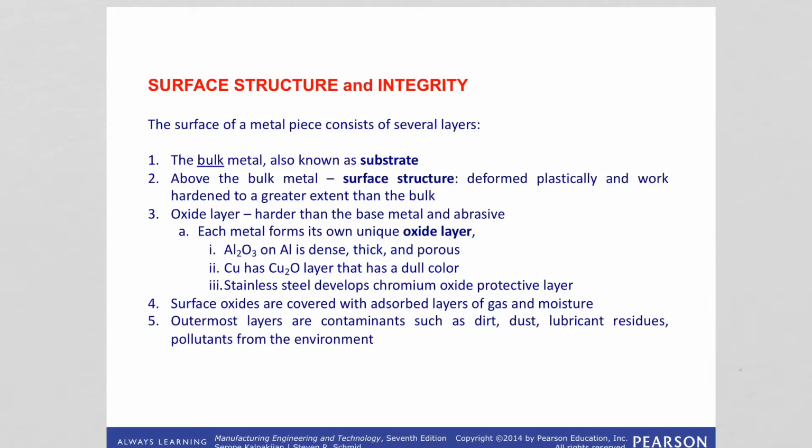The bulk part, referred to as the substrate, has a grain structure that depends on previous processing of the metal. For example, the metal substrate structure is affected by its chemical composition, the casting process, or any type of deformation operations or heat treatments performed on the material.